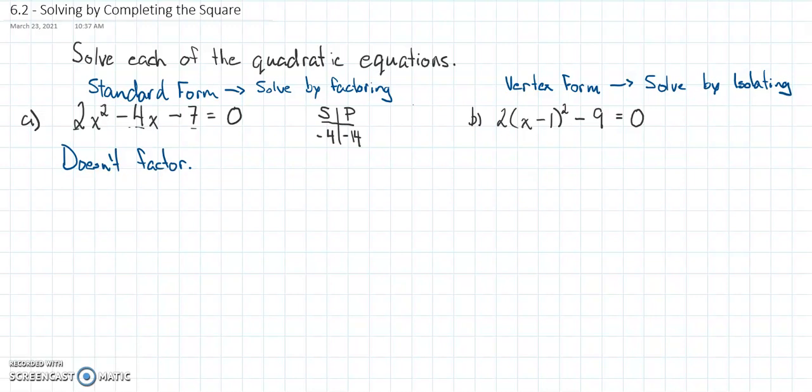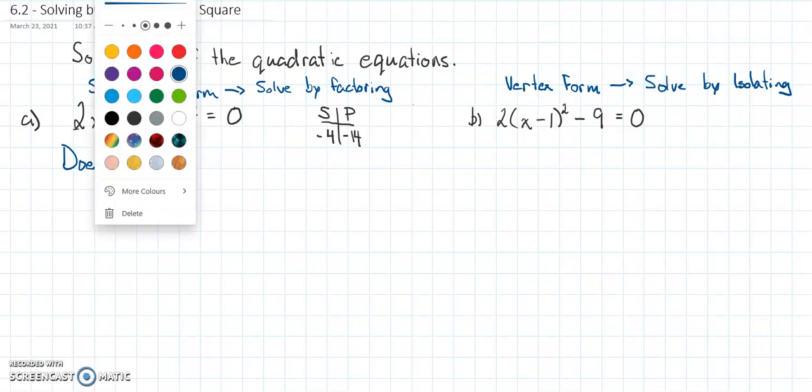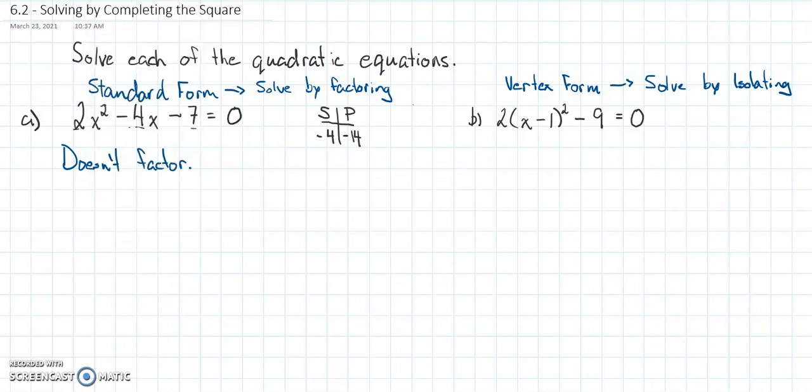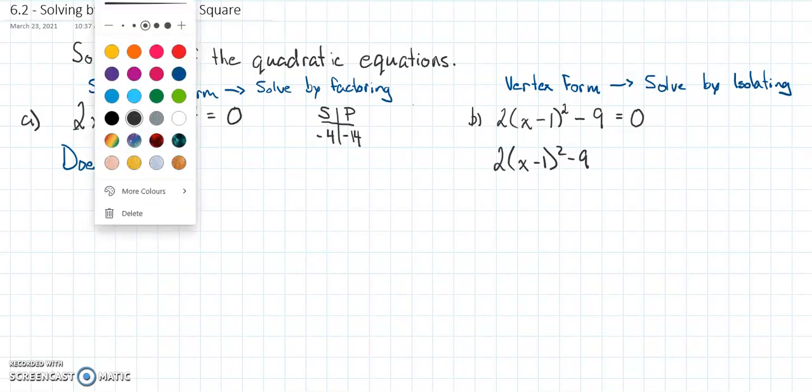So let's put that one on pause, and let's go to B and see how we would solve B by isolating. To isolate, all you have to do is get the x by itself. So we're just going to rearrange. You have to add 9 to each side here.